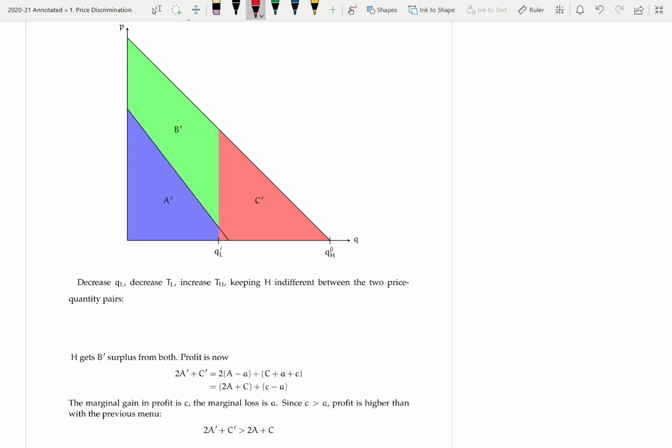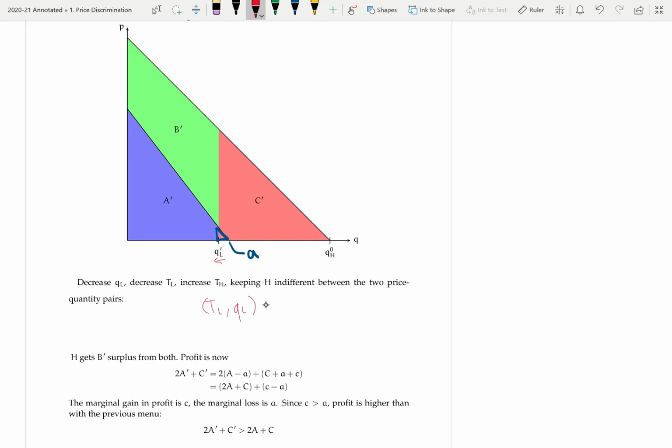So the monopolist is decreasing its quantity to QL dash, and in order to keep selling that quantity to buyer L, it's going to need to lower the price by this triangle here. So let's call that triangle A. So this is A. So the monopolist is going to change the price quantity pair.